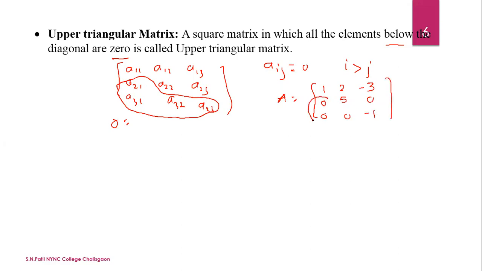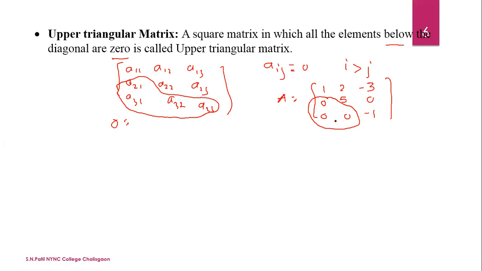See, these are the elements of the upper triangular. These are the diagonal, and what is the definition? Below the diagonal, the elements should be 0, is called an upper triangular.